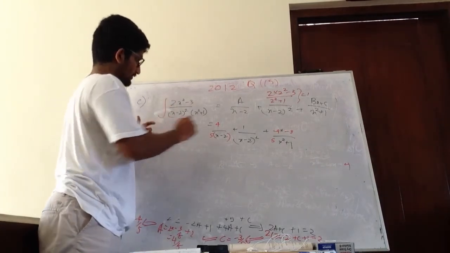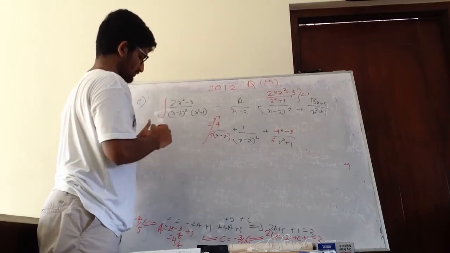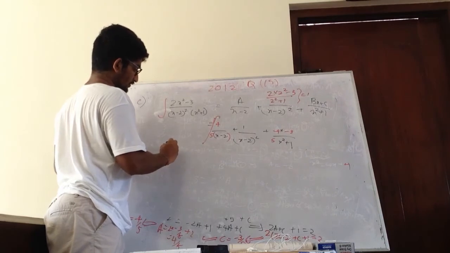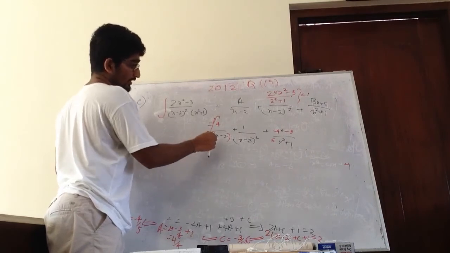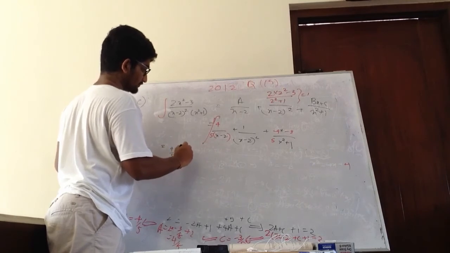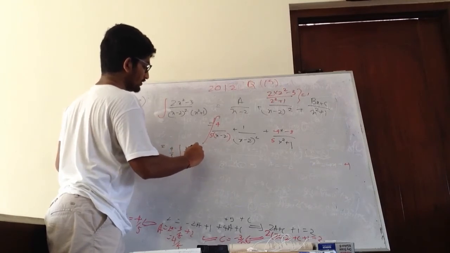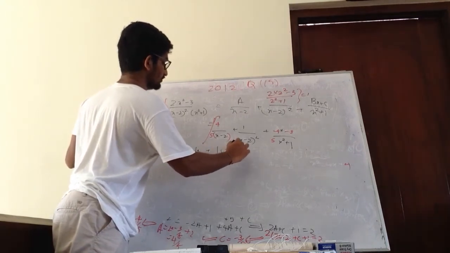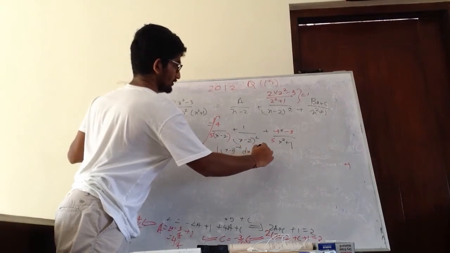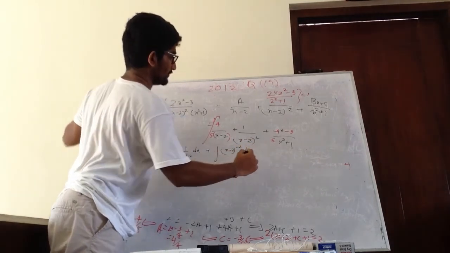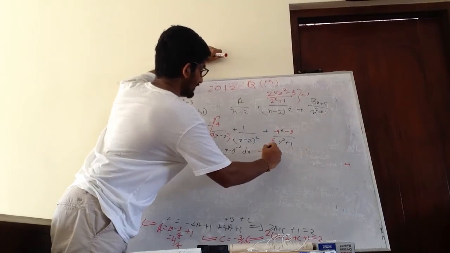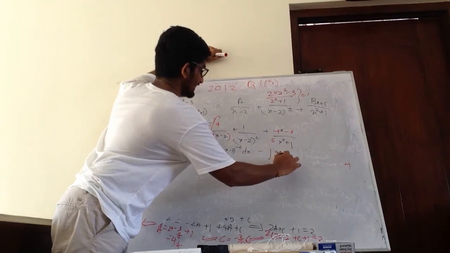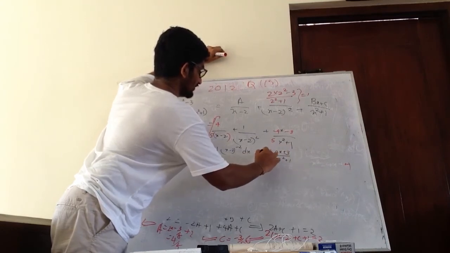So if you integrate, what will happen is that you can take 4/5 out. Then here this will become the integral of 1 over x minus 2 dx, plus this will become x minus 2 to the power minus 2 dx, minus 4x plus 3 over x squared plus 1 dx.